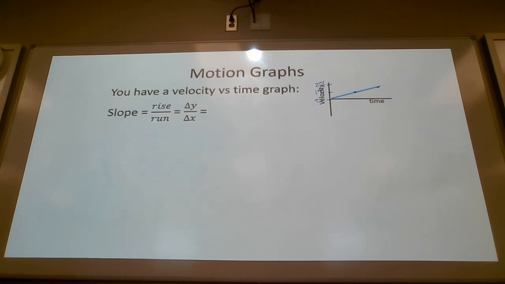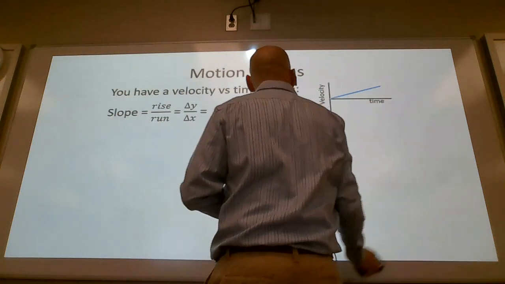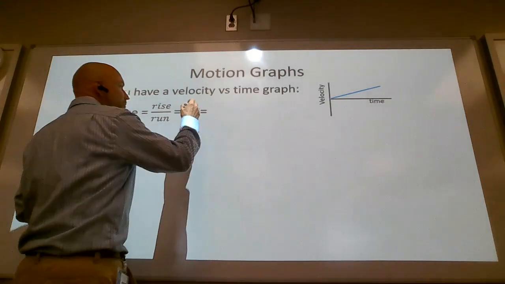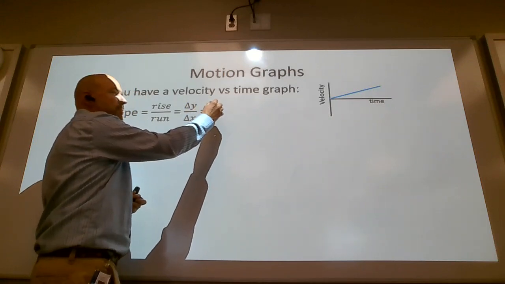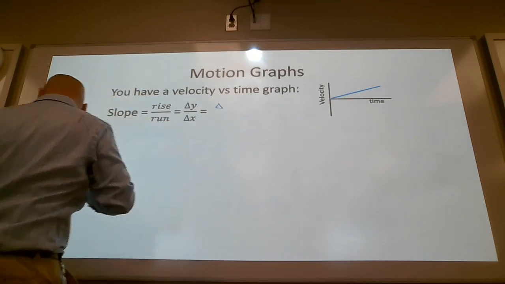But I've never had you look at the slope of a velocity versus time graph. If we were looking at the slope of a velocity versus time graph, what's on the y-axis for rise over run? Velocity.